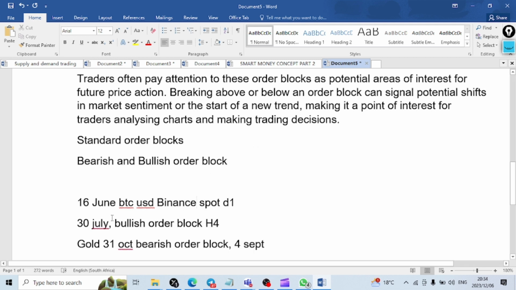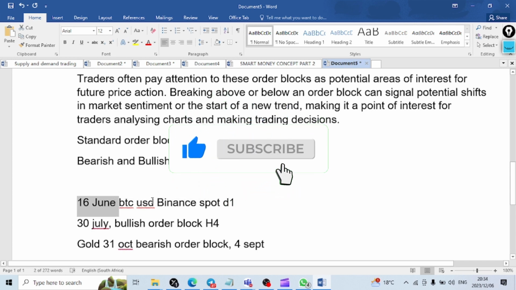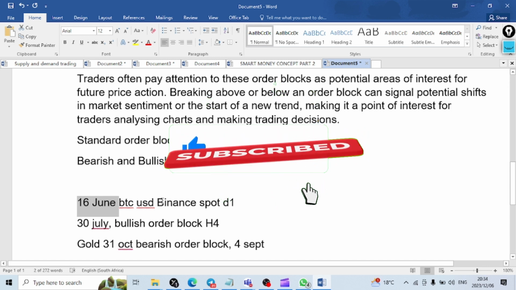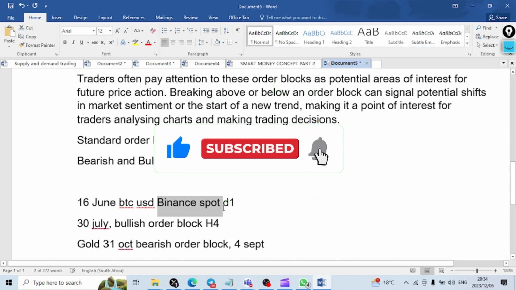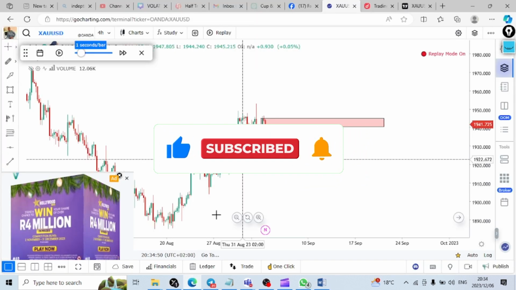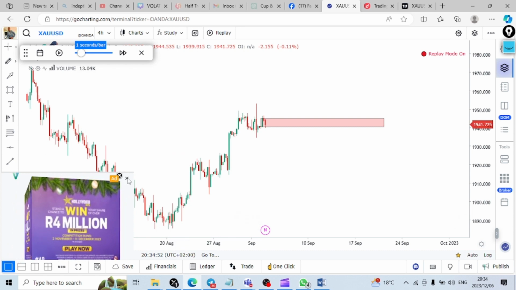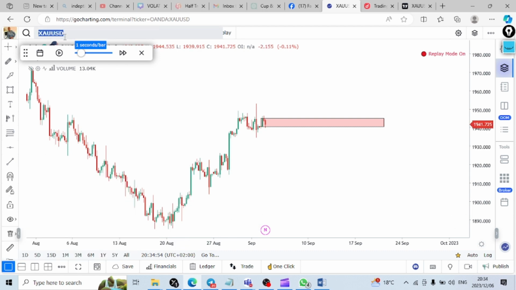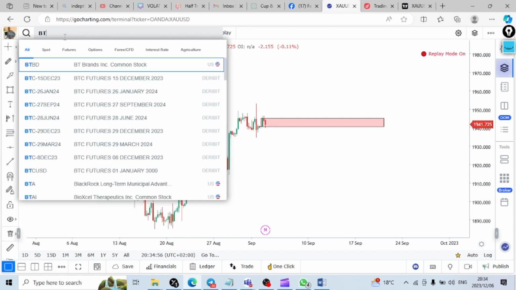Okay, let me quickly go to my charts, and we're going to go to the 16th of June. We're going to be using BTC USD on Binance Spot. So let me quickly go to my chart so that we can see what we're talking about.